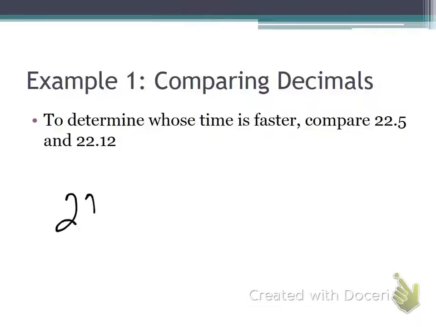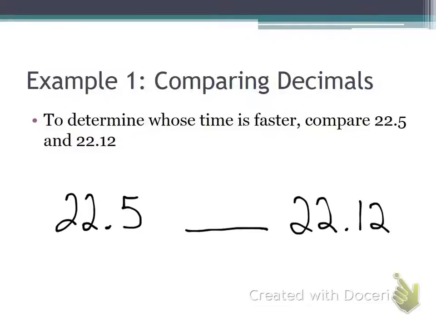So while we're looking at this, I want to talk for a minute about how we properly say these numbers. It's not 22.5, okay? We read it in terms of what place value the last number is in the decimal. Okay, so here, what place value is the 5 in? It's in the tenths. So I would say this number, 22 and 5/10.